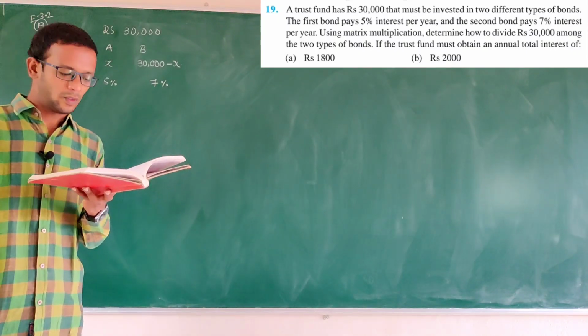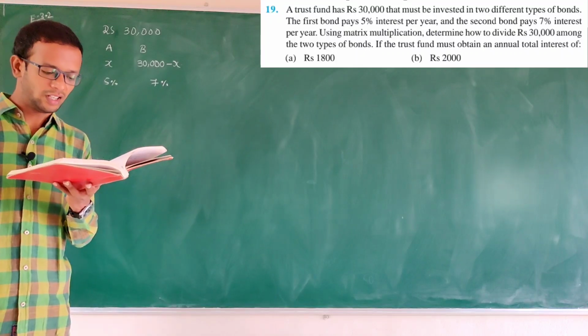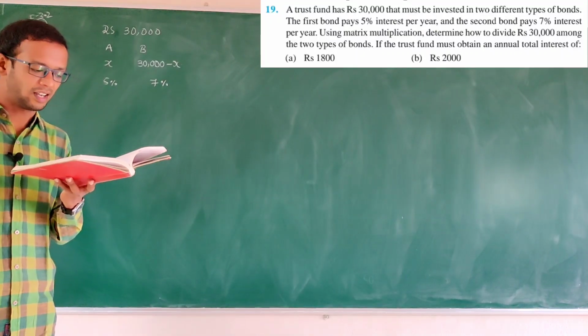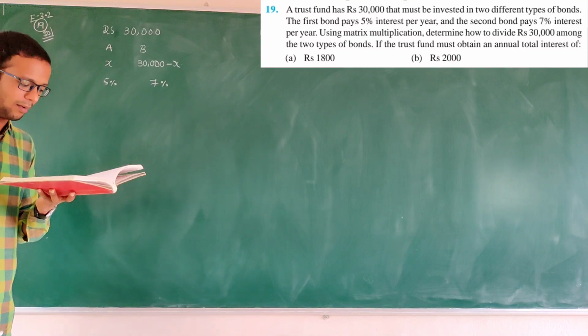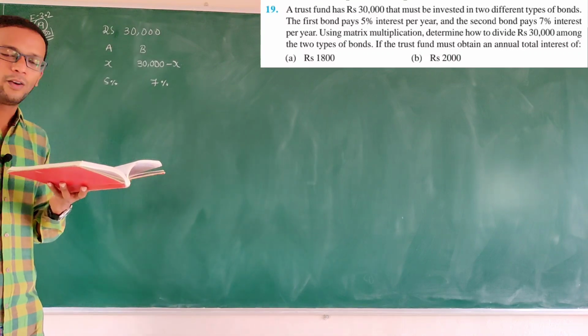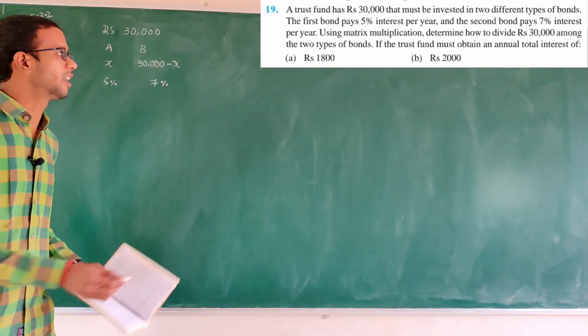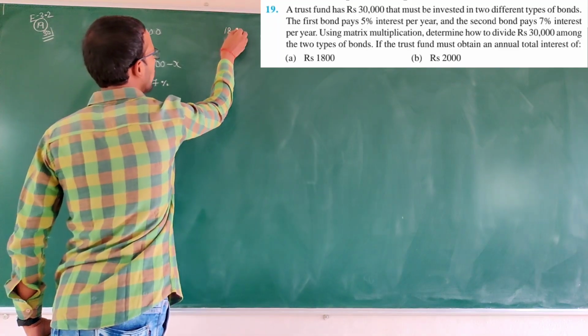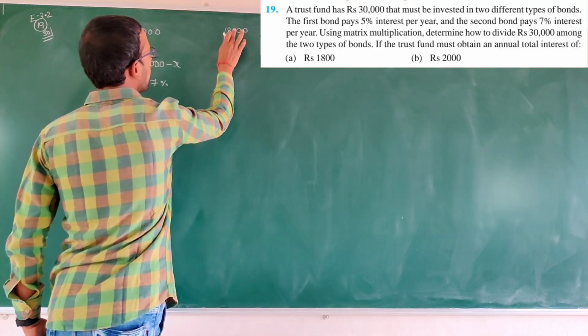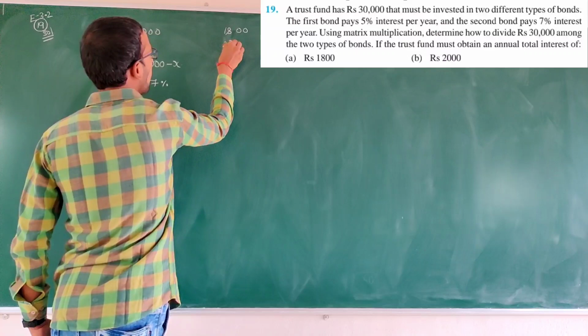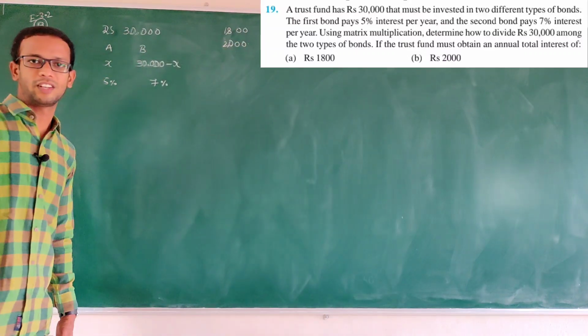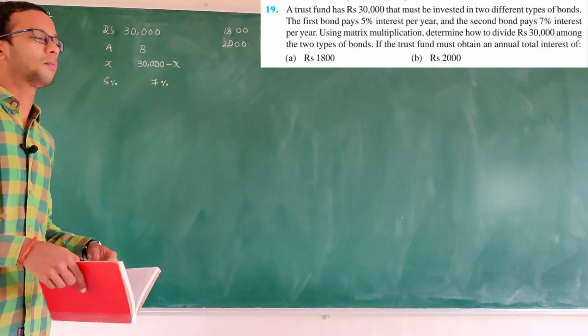per year. Using the matrix multiplication, determine how to divide the 30,000 amount in two types of bonds. Annual interest must be 1800 and 2000. So two questions are there here. This is a very simple problem.